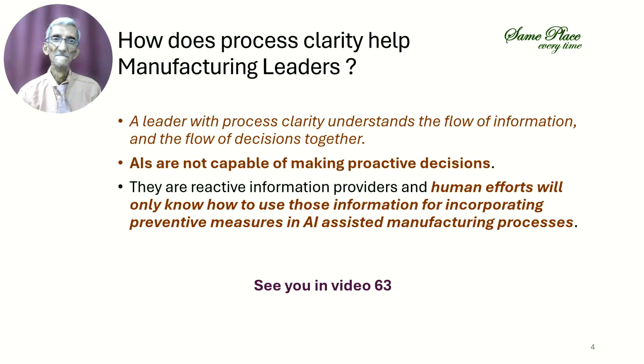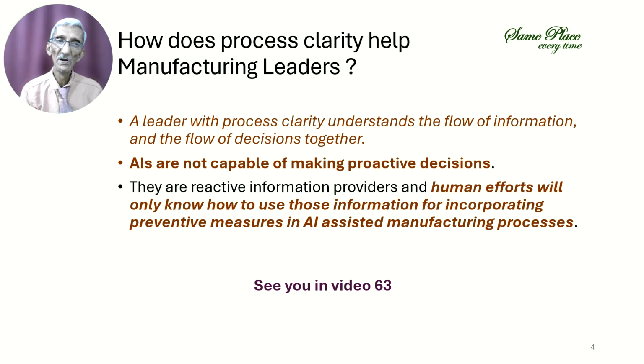And how does process clarity help the manufacturing leader? It continues. An AI leader with process clarity understands the flow of information and the flow of decisions. He knows the flow of decisions largely depends upon this information, to get the AI's performance better.